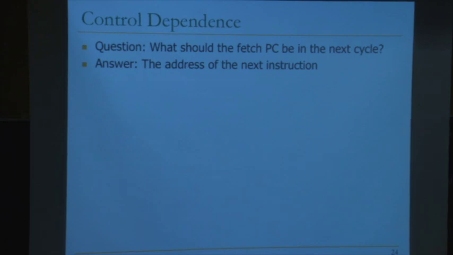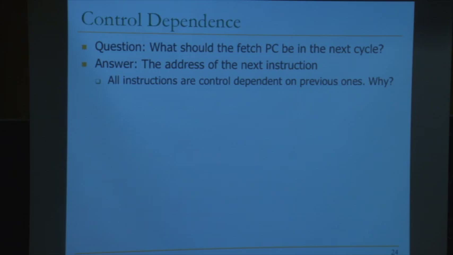It should be the address of the next dynamic instruction. And all instructions are control dependent on the previous ones because every instruction modifies the program counter. Now, if the instruction is not changing the program counter to something other than the next instruction's program counter, this is trivial. That's the beauty of the von Neumann model.